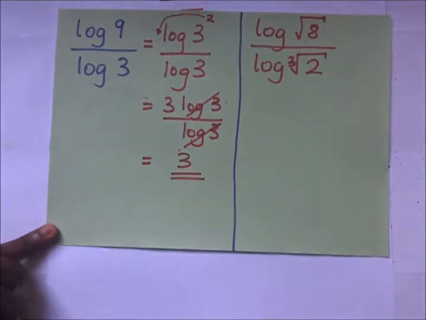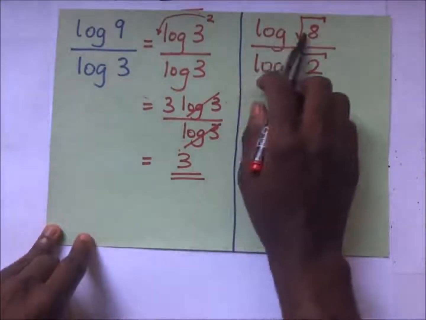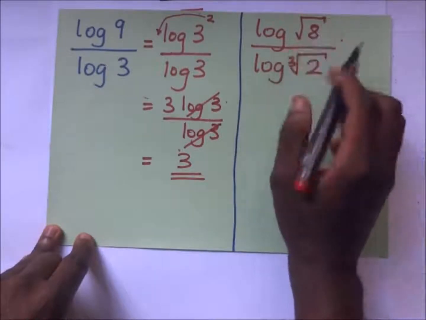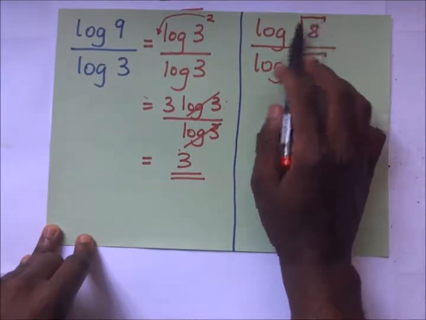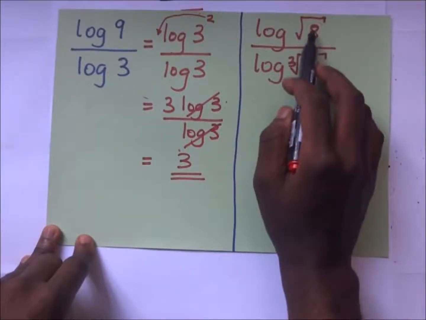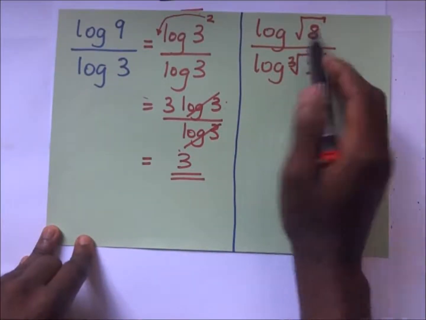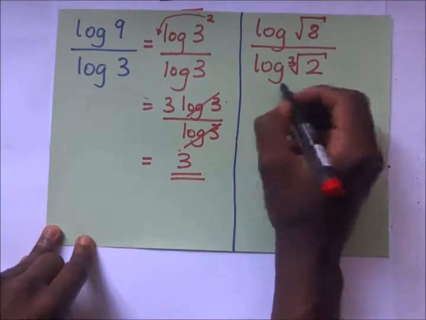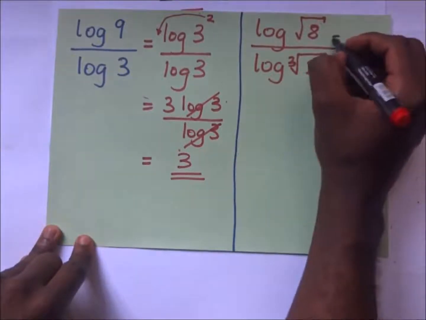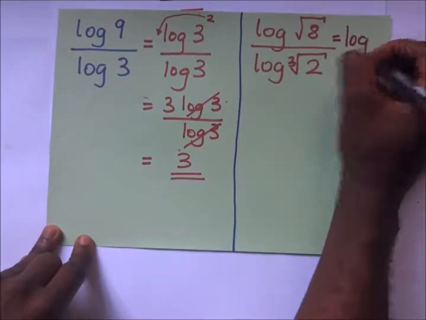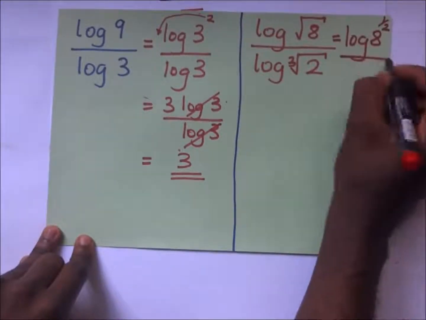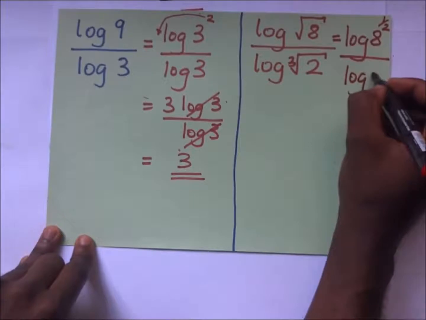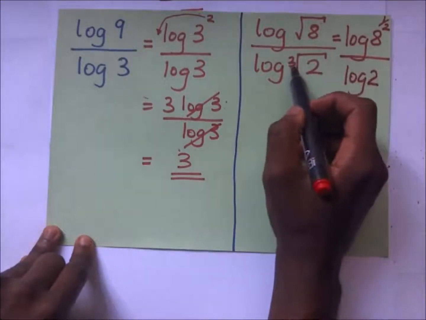So right here we are having logarithm of the square root of 8 divided by the logarithm of the third root of 2. We convert this into index form, so this is equal to the log of 8 to the power half, divided by logarithm of 2 to the power a third, since this is the third root.